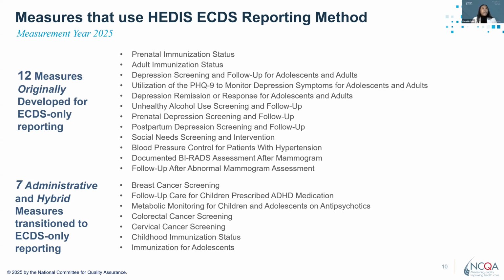And then we also have a category of measures, 7 measures, as I mentioned, that have transitioned from the traditional method. So the administrative method and the hybrid method, we've already transitioned these 7 measures from those original reporting standards to the ECDS method. And you can see through this list of measures that this domain now includes a range of different content areas, populations, and domains of care.